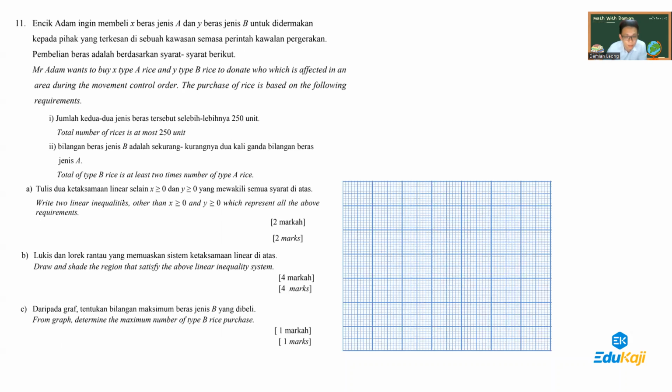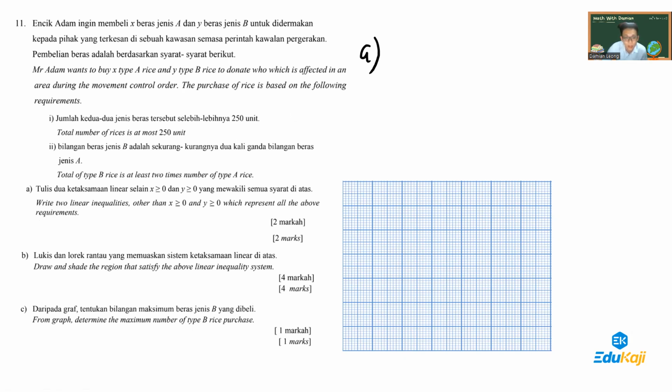Question 11. Adam wants to buy X type of A rice and Y type of B rice. First write two linear inequalities other than x more or equals 0, y more or equals 0. So it's based on this 1 and 2 here. The total number of rice is at most 250 units.